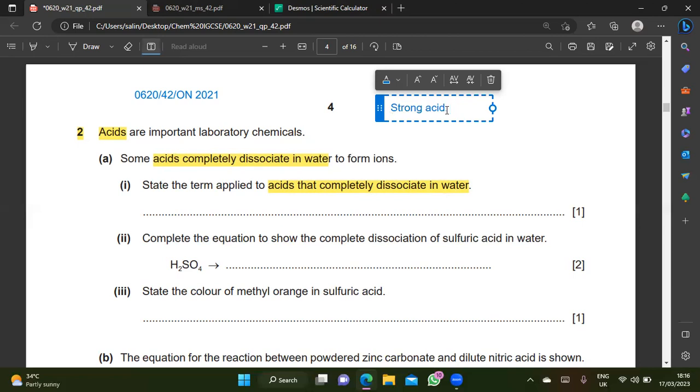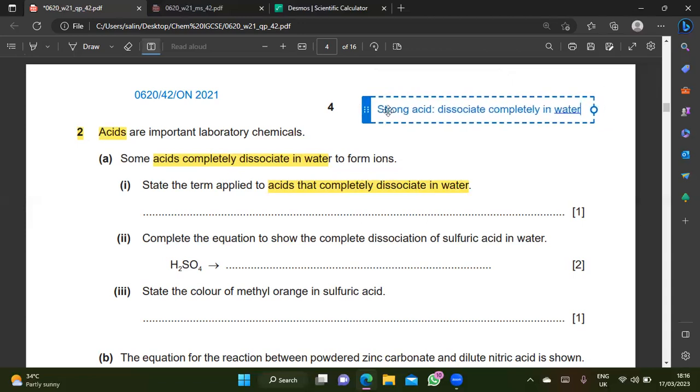We said it dissociates completely in water. Another word that we can use is ionize. This is correct as well. Ionize completely in water. That is a strong acid.